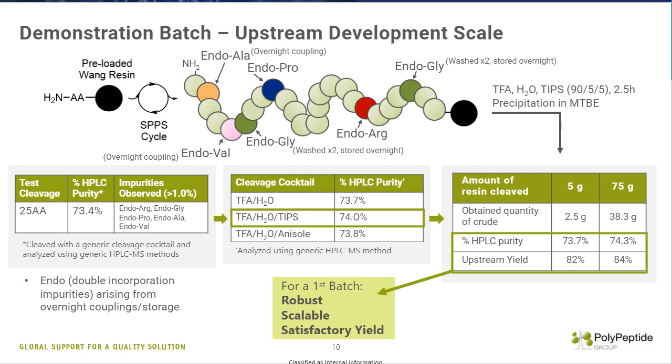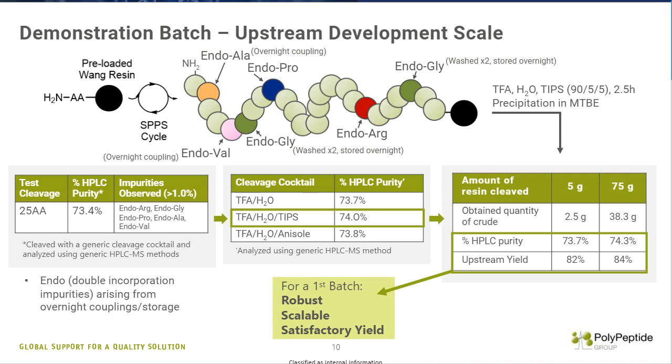In any case, we took the crude resin that we produced from this demonstration batch, and then we performed a screen of different cleavage cocktails in order to move forward for the next step. We tried different cocktails, and we saw that they had relatively similar results. So we took the cocktail that gave us the best HPLC purity upon cleavage. We performed this first test at 100 milligrams of peptide resin, and then we moved up and performed tests at 5 grams and then also at 75 grams.